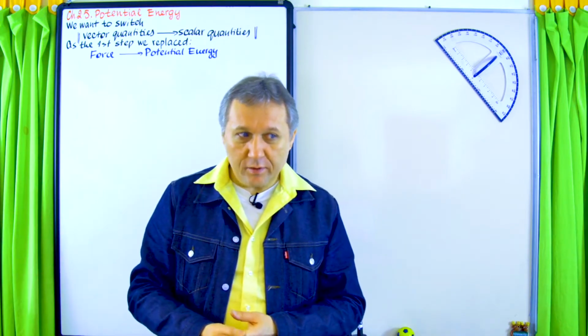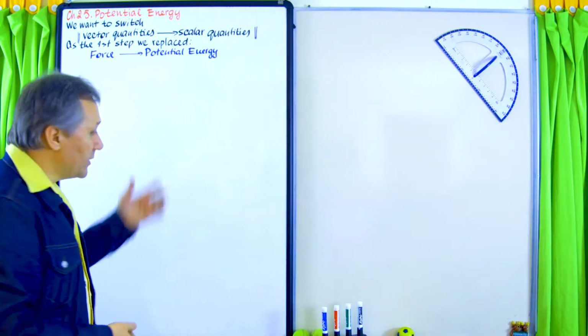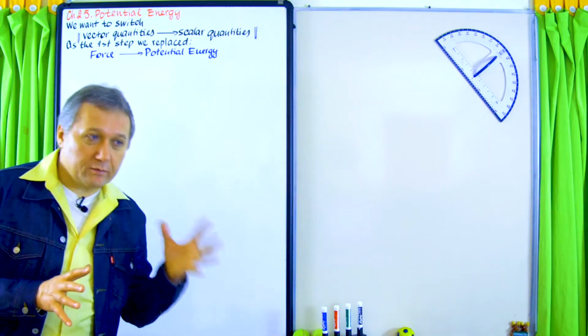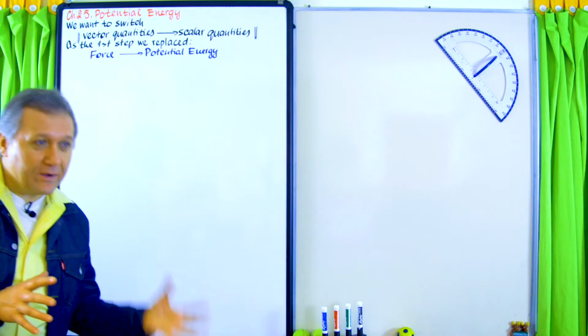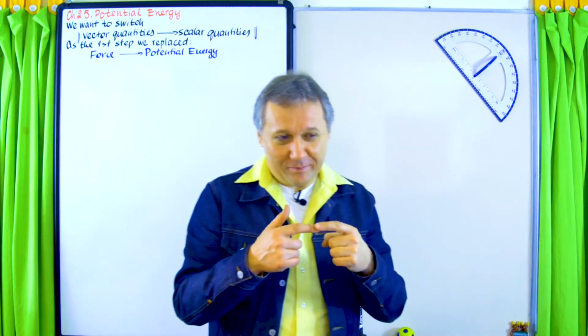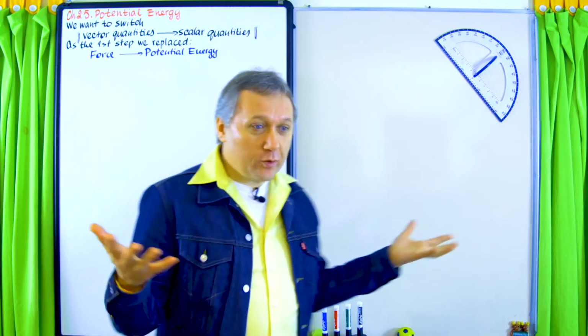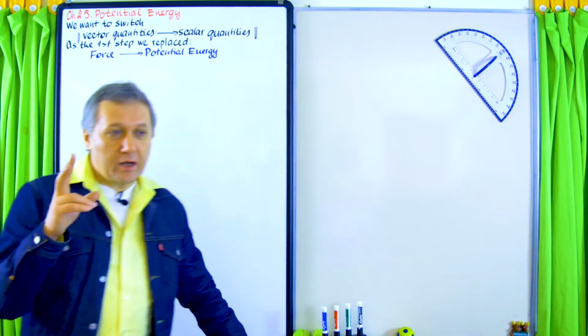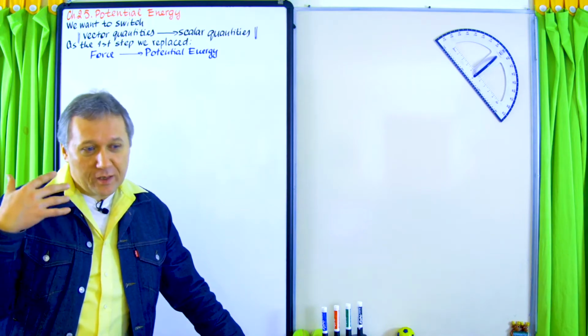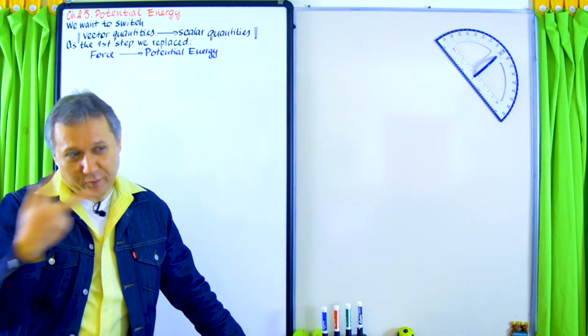Okay, so that was the first replacement. And as I said, potential energy is an energy of interaction, so you must have at least two objects which interact. As a result, we will be discussing two systems.